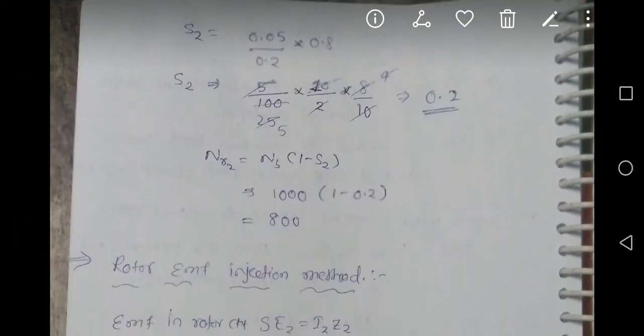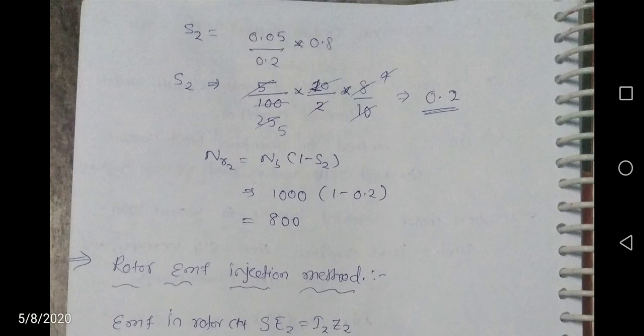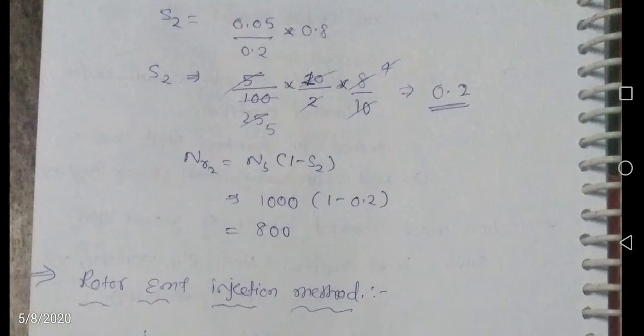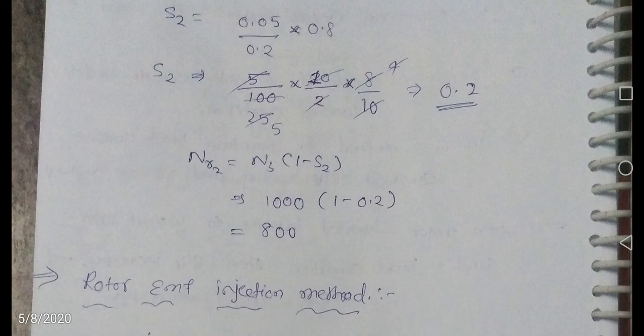S2 equal to 0.05 by 0.2 into 0.8, that is 5 by 100 into 20 by 2 into 8 by 10, equal to 0.2.